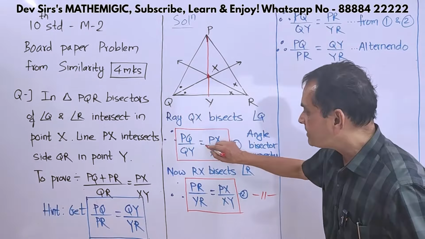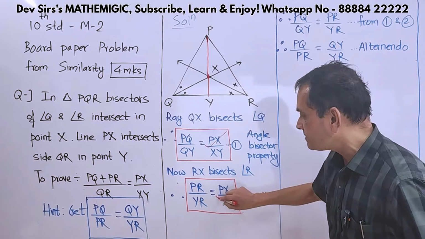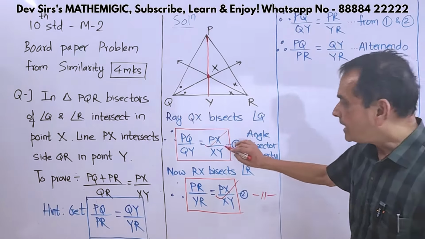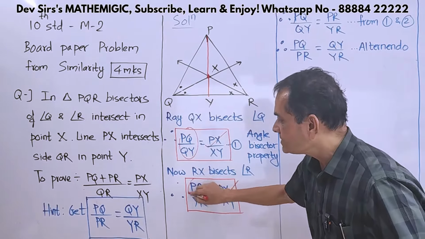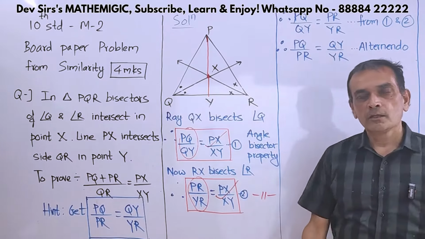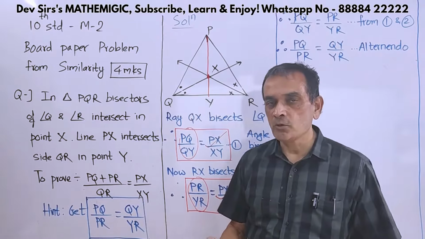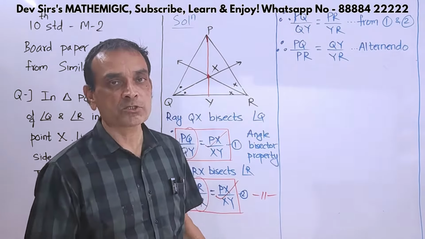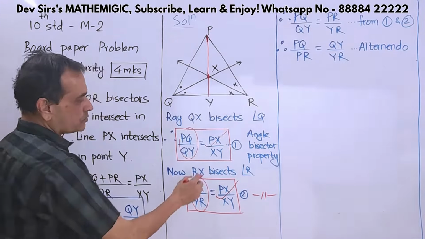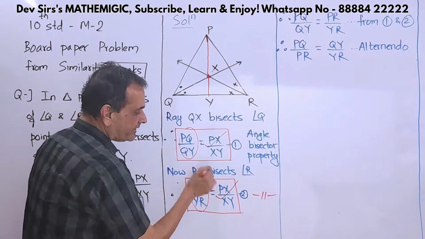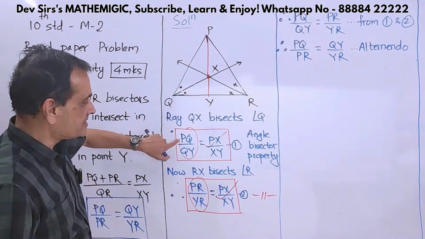So PX upon XY RHS, PX upon XY RHS. RHS equal to RHS, therefore LHS equal to LHS. 2 बार एंगल बाइसेक्टर प्रॉपर्टी यूज करने के बाद just use what is called transitivity. Okay? So because PX upon XY gets repeated over here, just equate LHS.